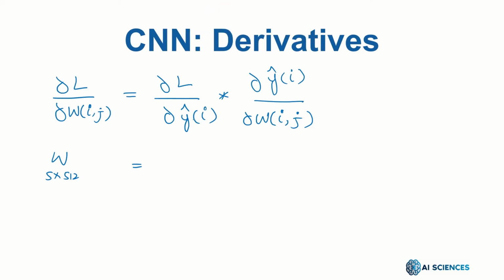If I just rewrite the loss function, our loss function was the summation, i varies from 1 to 5, of 1 over 2 times (y hat i minus y i) squared, where y i is the target variable, which is available with the data, and that's the loss function.